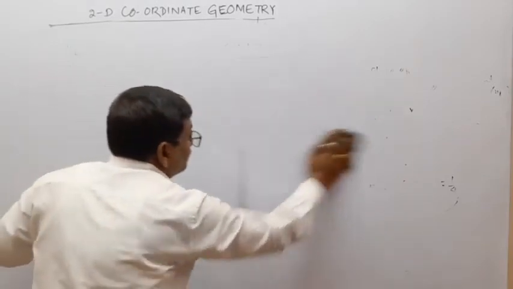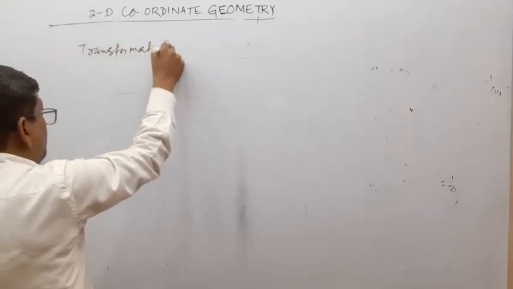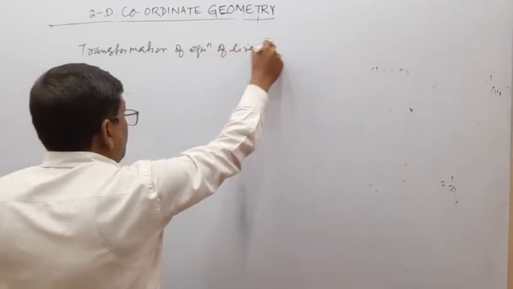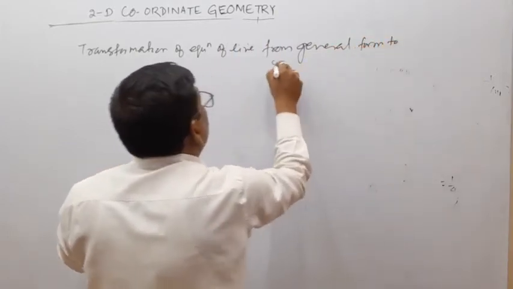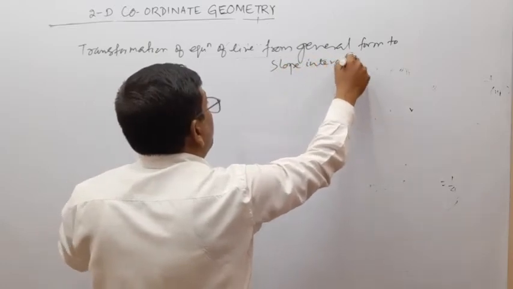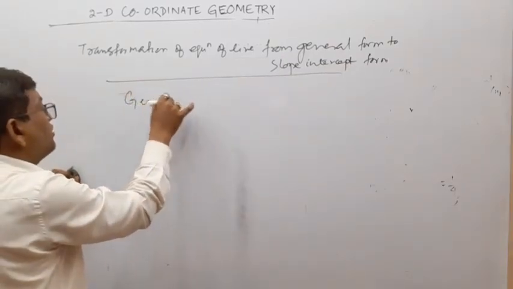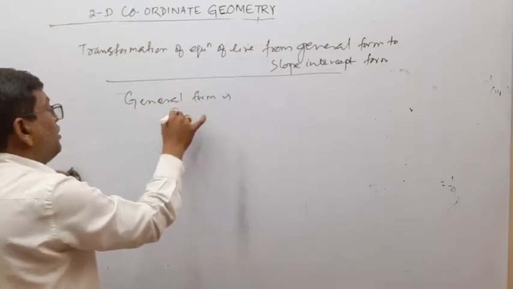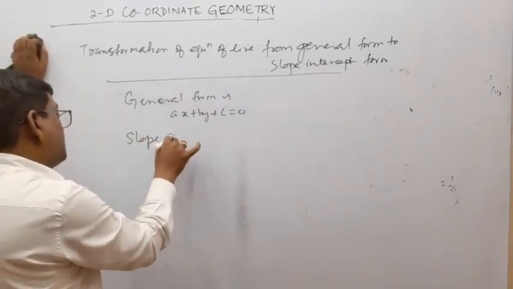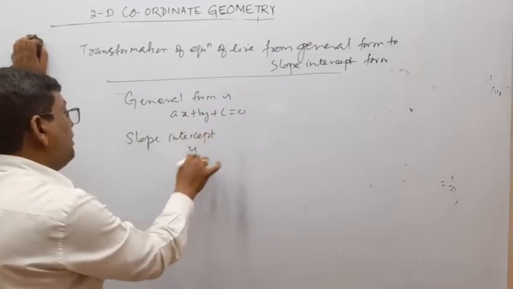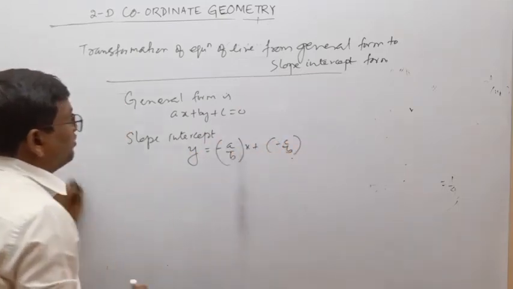The general form is ax plus by plus c equal to 0, and the slope intercept form is y is equal to minus a by b into x plus minus c by b. This is the slope intercept form.